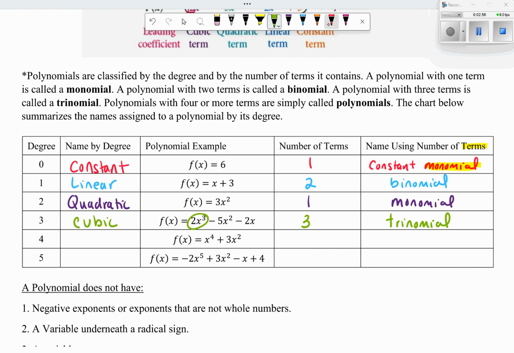For the next one, the highest power of x is to the fourth power, so this is called quartic. And there are two terms, so this is a quartic binomial. And then the very last one has a highest power of degree 5, which is quintic. And there are four terms, so we call this a quintic polynomial of four terms.